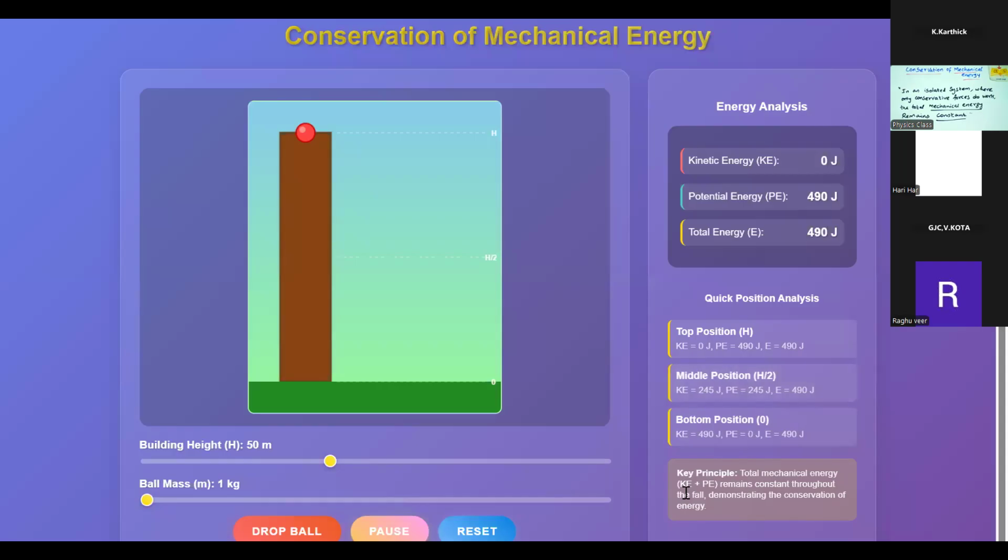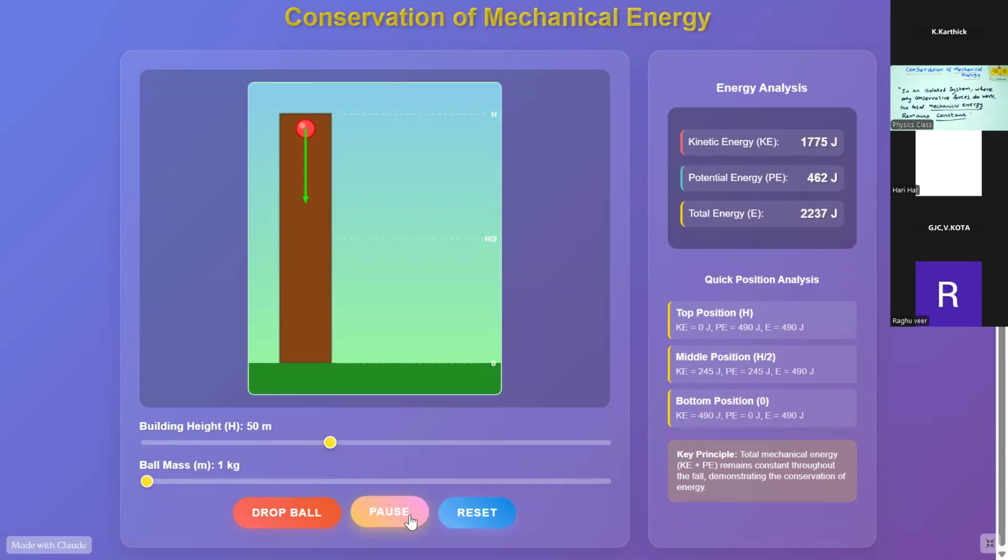At the bottom position, potential energy is 0 and kinetic energy is 490 joule, and the total mechanical energy is 490. Very good. Now just drop the ball. You can see the changes in the kinetic energy and potential energy, but the total energy is always the same throughout the motion.